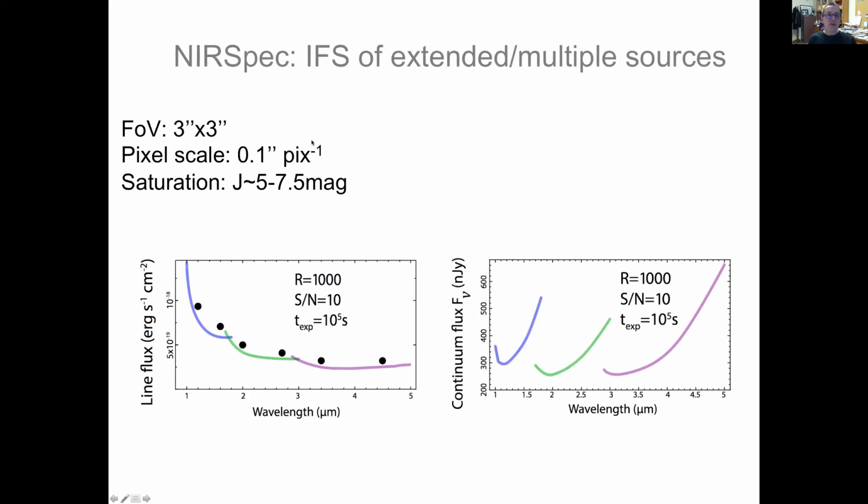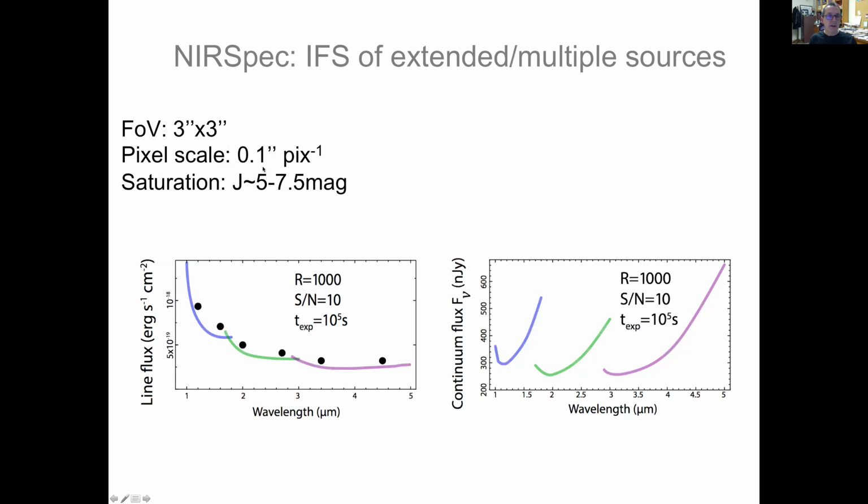Okay, this is the actual sensitivity for the IFS, the integral field spectrograph, which is used specifically for extended and multiple sources. And it is used with the highest resolving power. What you see here is basically the line flux sensitivity and the continuum flux sensitivity. But what you should remember is that this is a small field of view, 3 by 3 arc seconds, with a pixel scale of 0.1 arc seconds.